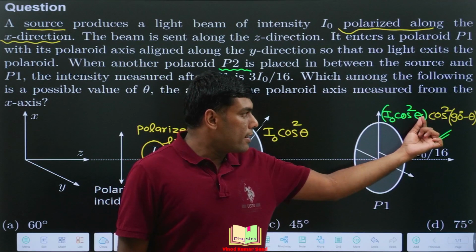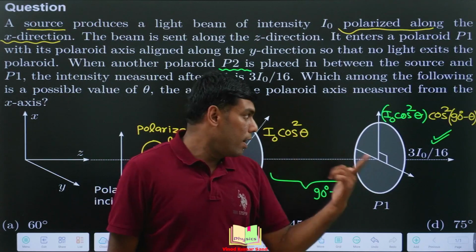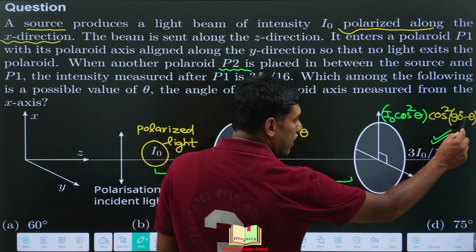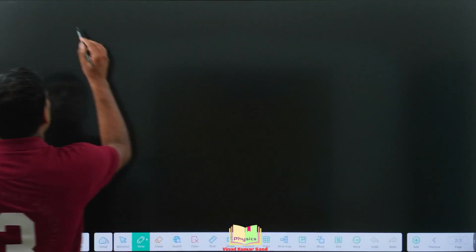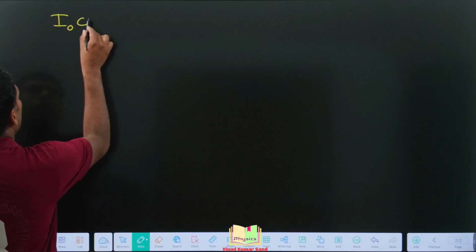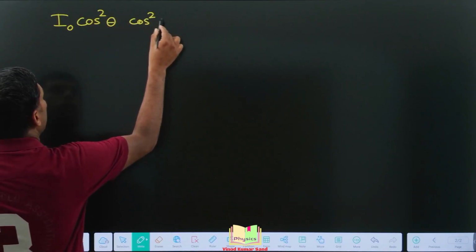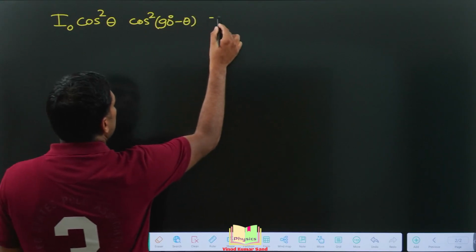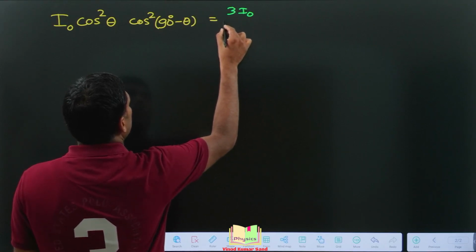Now this intensity is given as 3 I naught by 16. We are going to compute it on the next page. I am writing this data and then equating it to 3 I naught by 16. So here we have I naught cos square theta cos square 90° minus theta is equal to 3 I naught by 16.